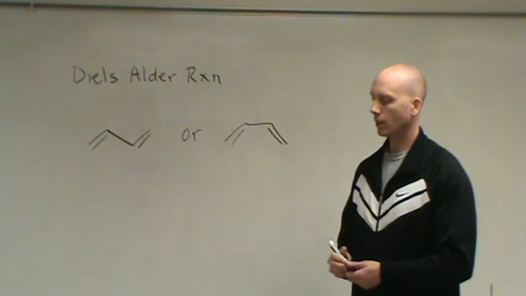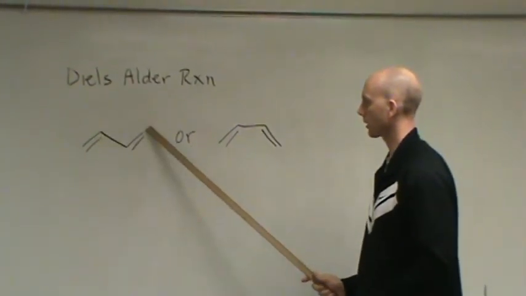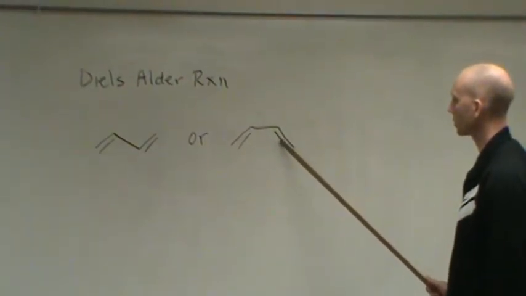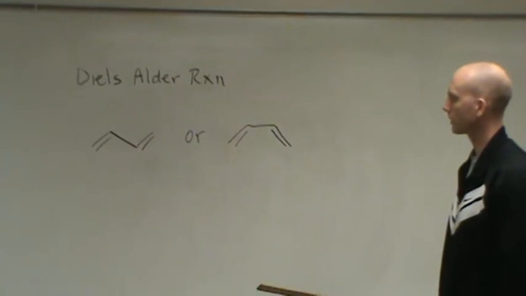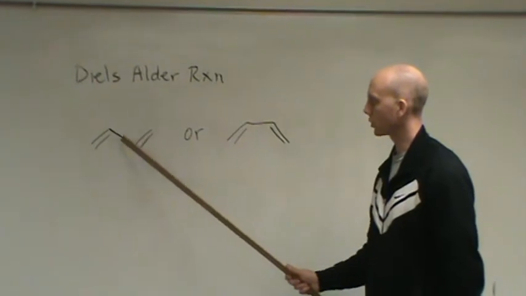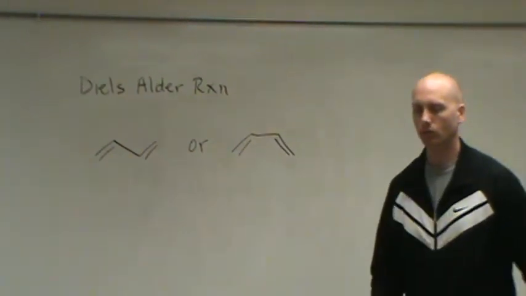I could draw it like this, the zigzag motion, or I could draw them so that the two double bonds are on the same side. This single bond easily rotates, and so we can get either conformation.